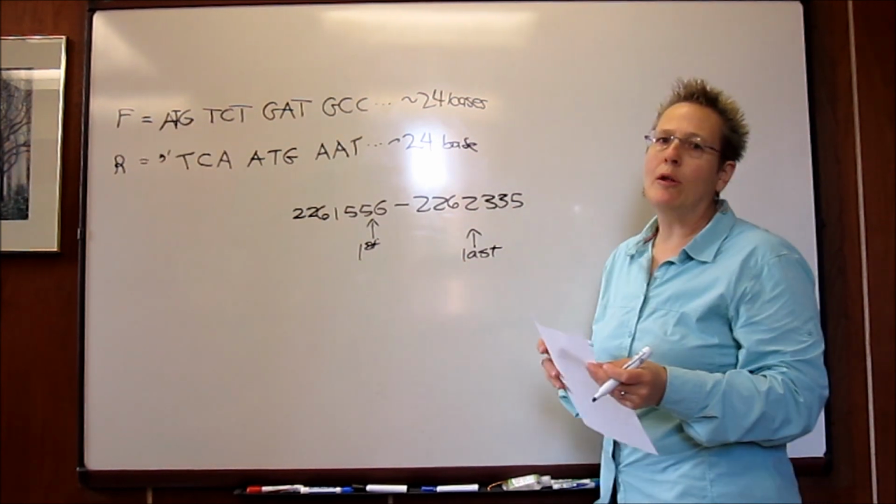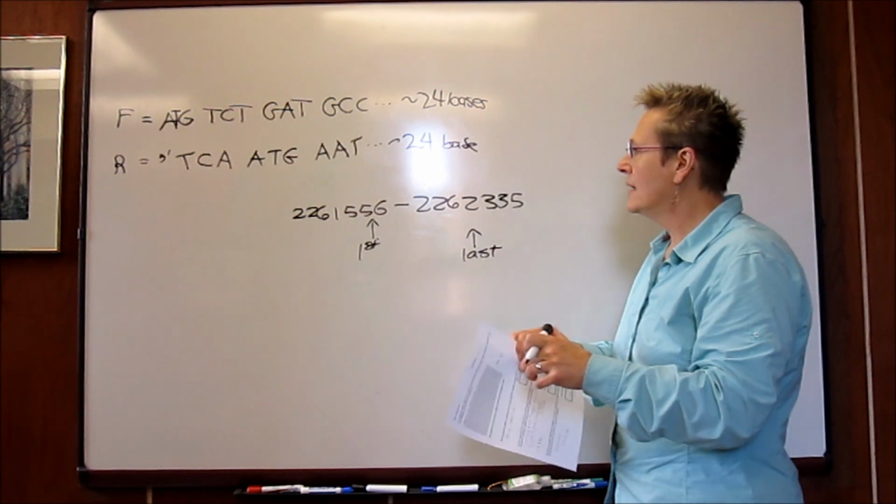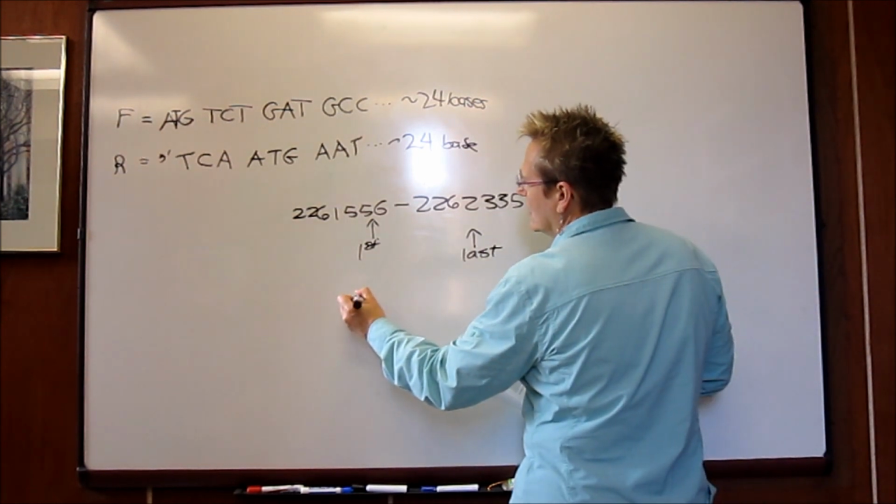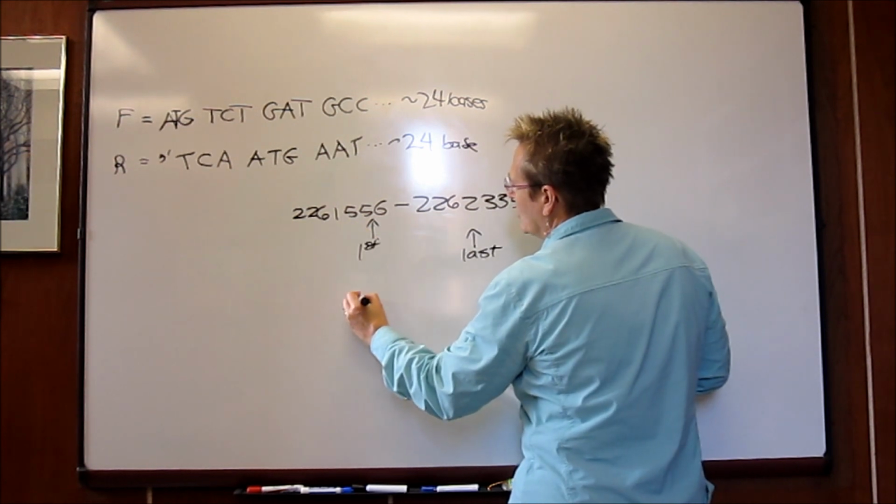So in order to figure out how long the amplicon is, or the part of the gene we're amplifying, I have to subtract the first number from the last number.